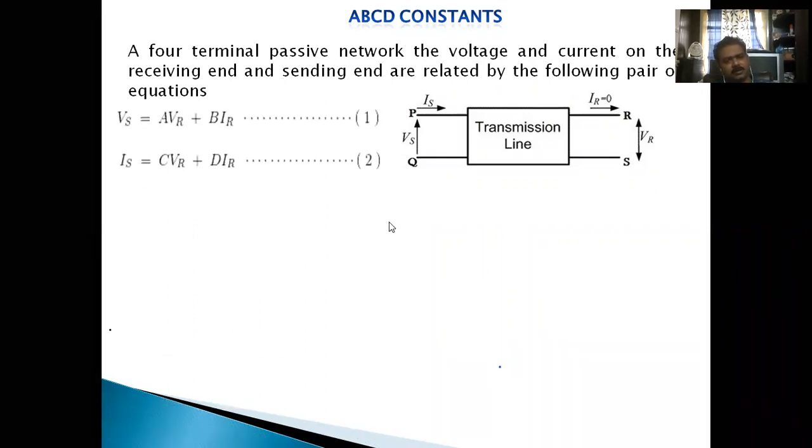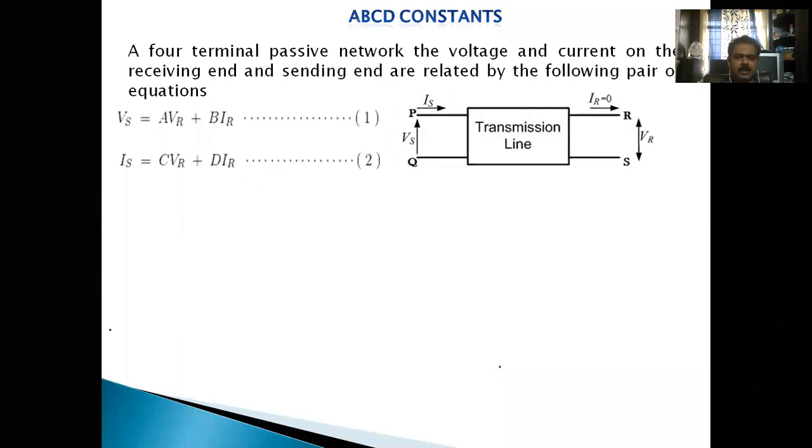We have already learned about this in networks: how to represent 2-port networks using Z parameters, Y parameters, hybrid parameters, inverse hybrid parameters, and also the transmission parameters. This is also called chain parameters, general circuit parameters, ABCD parameters, or simply T parameters, T standing for transmission line parameters.